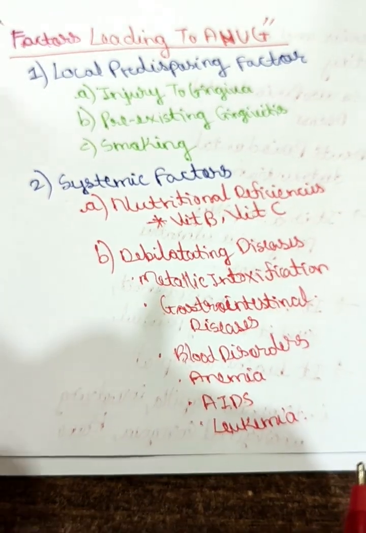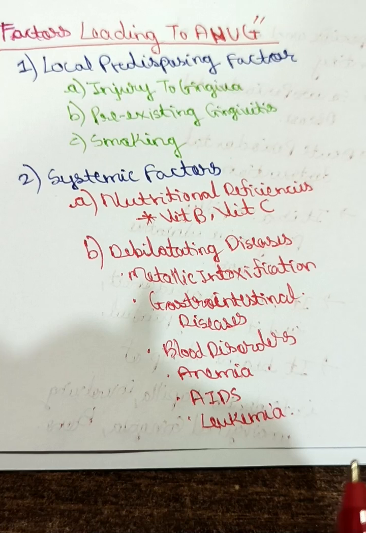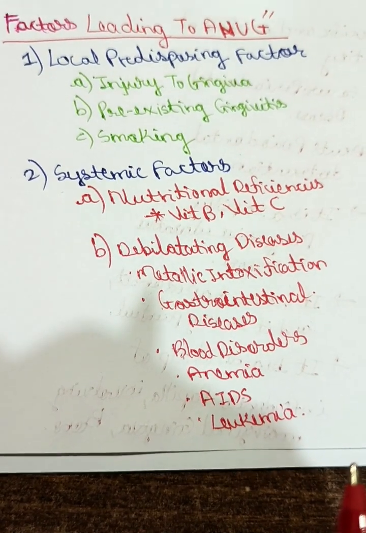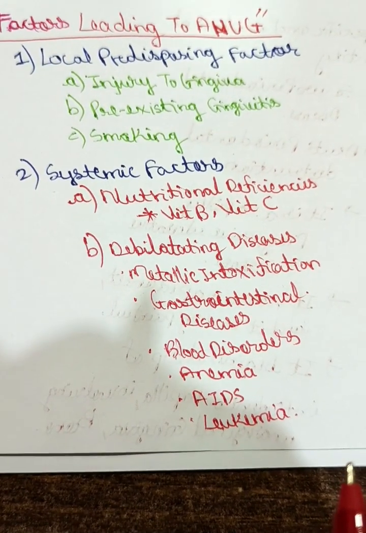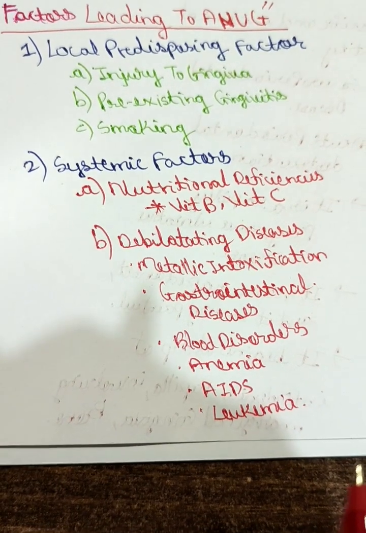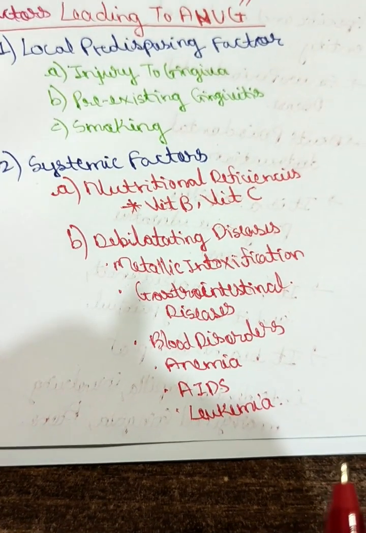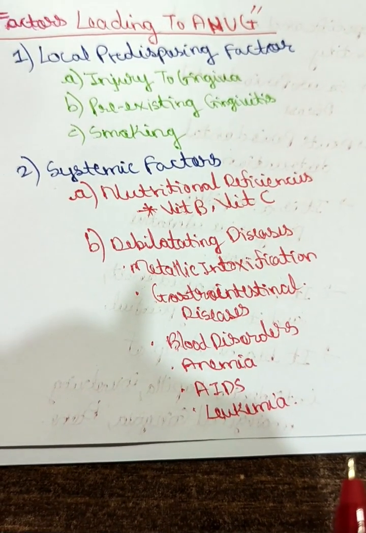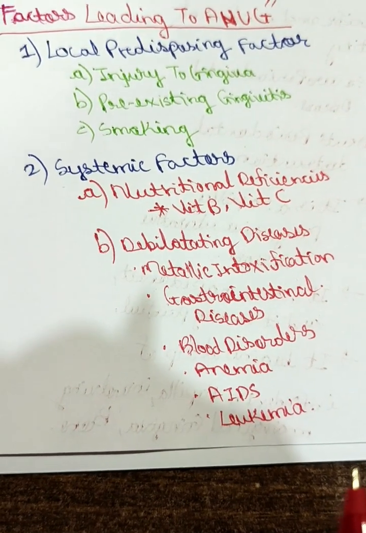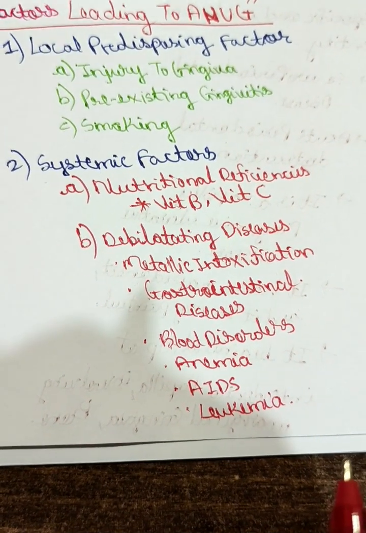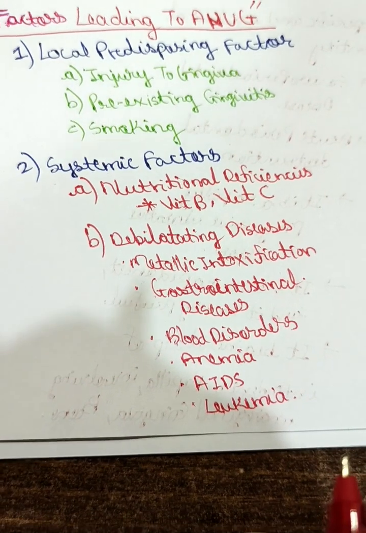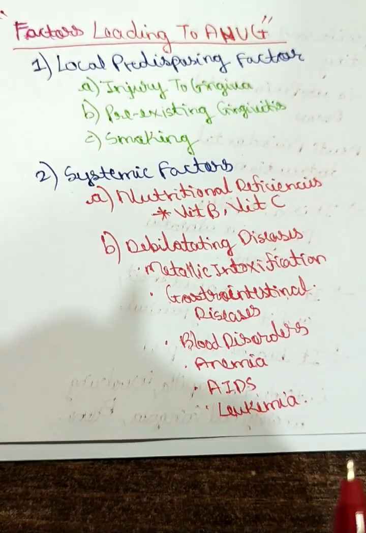So these are the factors which lead to ANUG: local predisposing factors, which are injury to gingiva, pre-existing gingivitis, and smoking; and systemic factors involving nutritional deficiencies like deficiency of vitamin B and vitamin C, and debilitating diseases involving metallic intoxication, gastrointestinal diseases, and blood disorders including anemia, AIDS, and leukemia.